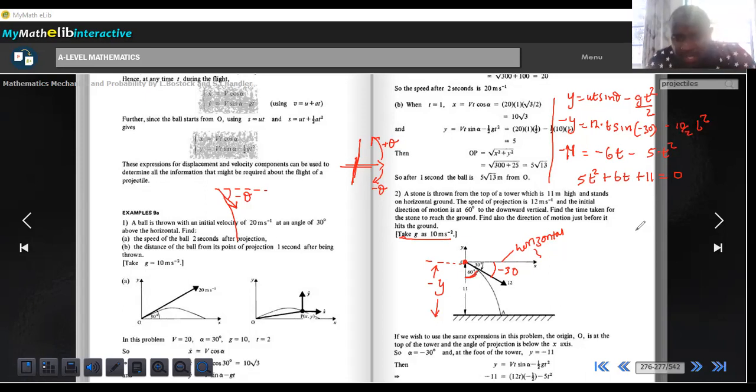So when you compute with the calculator, what do you get? T1 and T2. Like I told you, we might solve a lot of numbers.